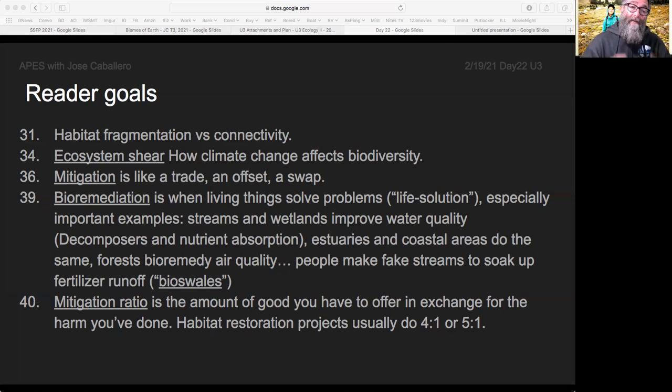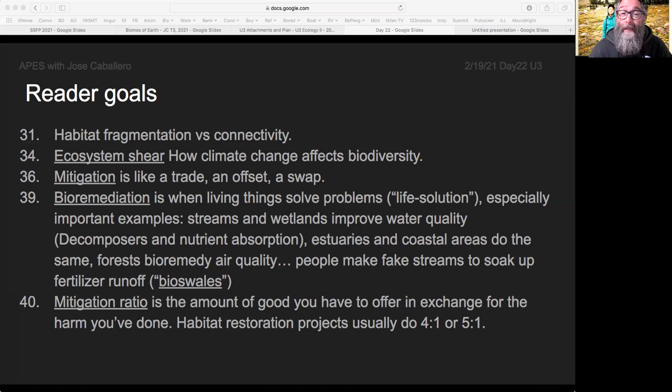But the idea is that big organic compounds are decomposed and nutrients are absorbed. And so you can have like really flooded, grotesque water inputs. Most of that can be resolved by living things in the water. So the water ecosystem works as a filter. It's called bioremediation. One of the big problems with farms is fertilizer runoff.